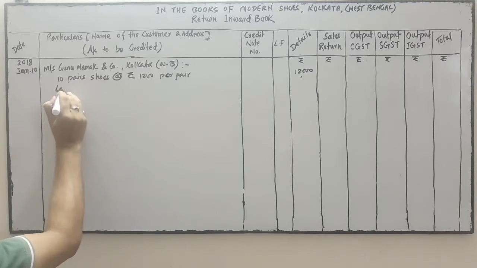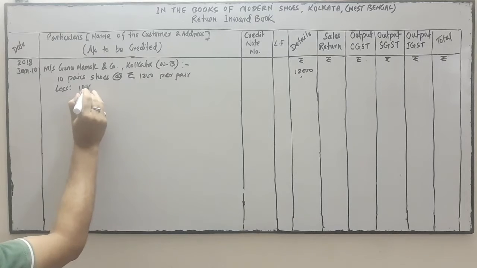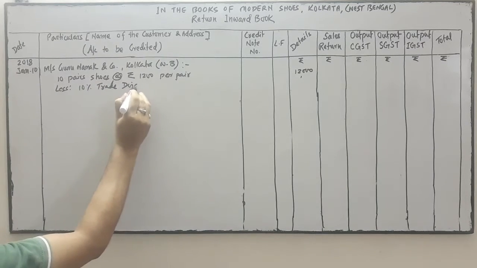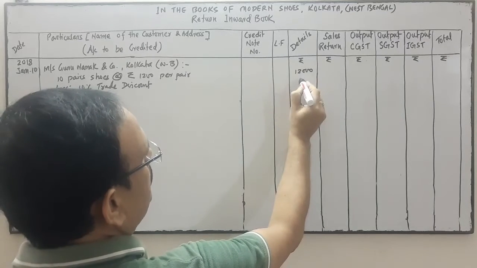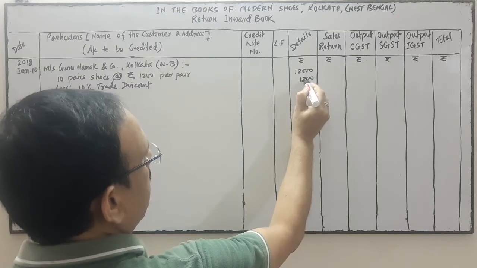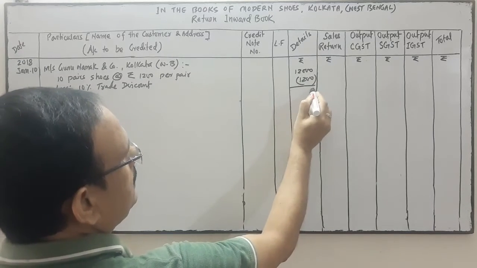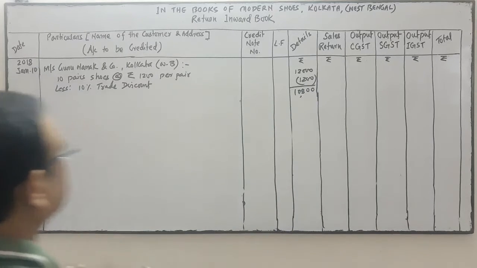Less trade discount is 10%. 10% of 12,000 is 1,200. So it is 10,800.